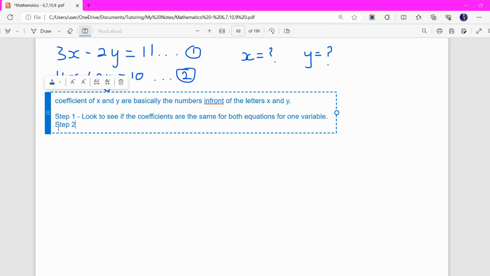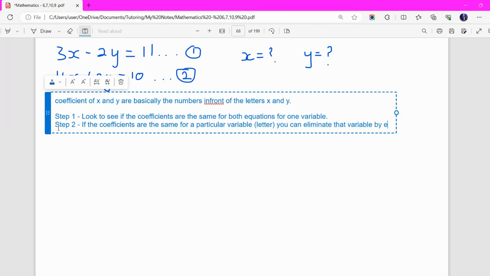Step two would be, if the coefficients are the same for a particular variable, now the word variable means letter, you can eliminate that variable by either adding or subtracting the two equations, right?